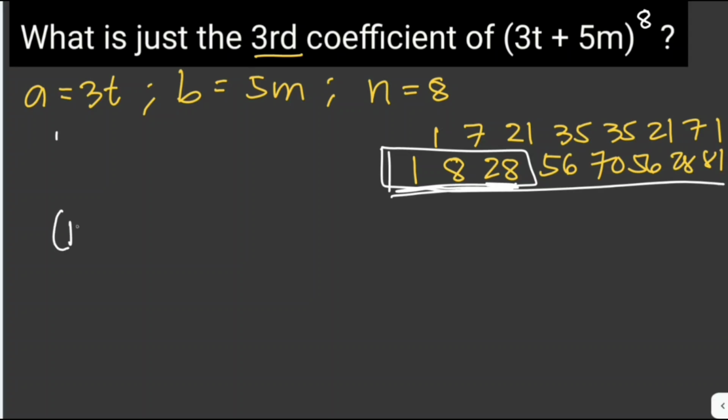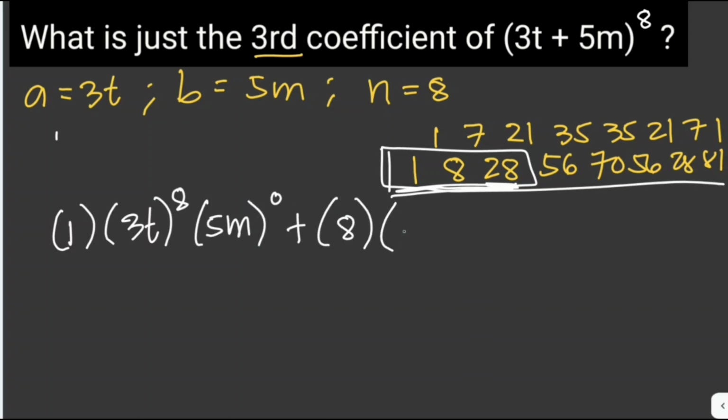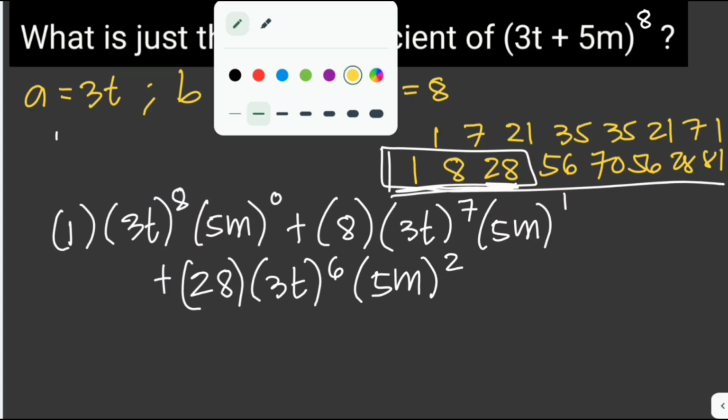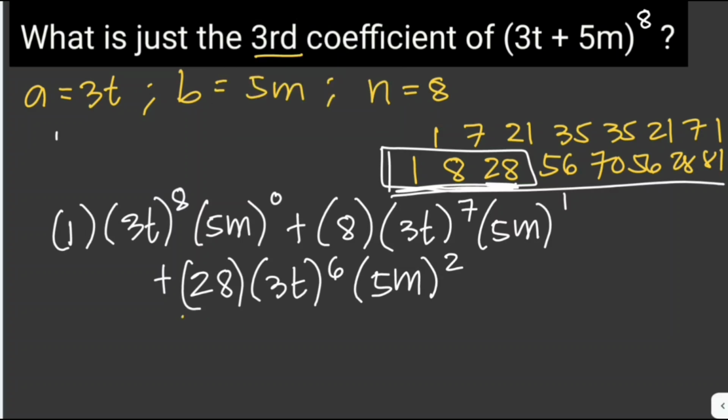So this would be 1 times a, which is 3t raised to the power of 8, and b is 5m to the power of 0, plus 8 times 3t to the power of 7 times 5m to the power of 1, plus the third term with coefficient 28, 28 times 3t to the power of 6 times 5m squared. Okay, we don't need to expand the first and second terms, because we are only interested in the third term to get the coefficient.